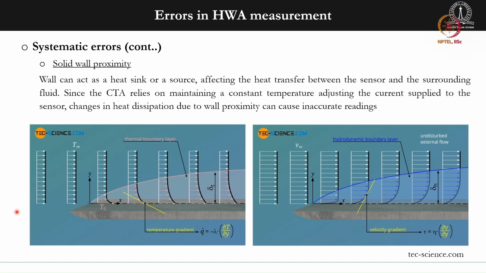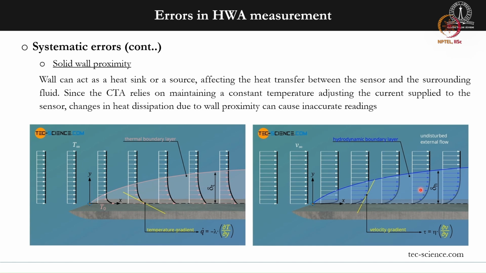Another commonly encountered source of systematic error is the proximity to a solid wall. To understand this, let us again use a very simple example. Say we have a flat plate in our flow domain and we want to measure the velocity in the velocity boundary layer that is developed over the plate. We are going to use a hot wire anemometer to measure it.